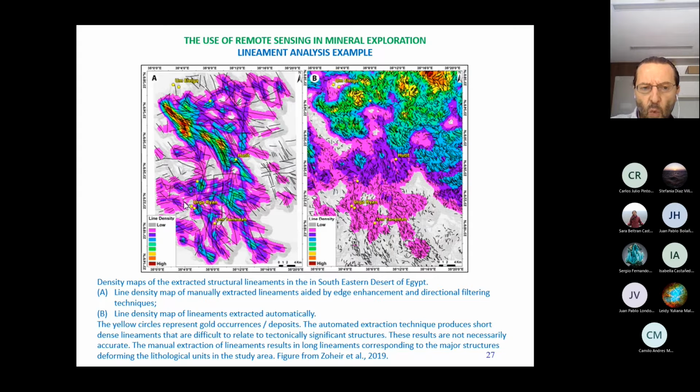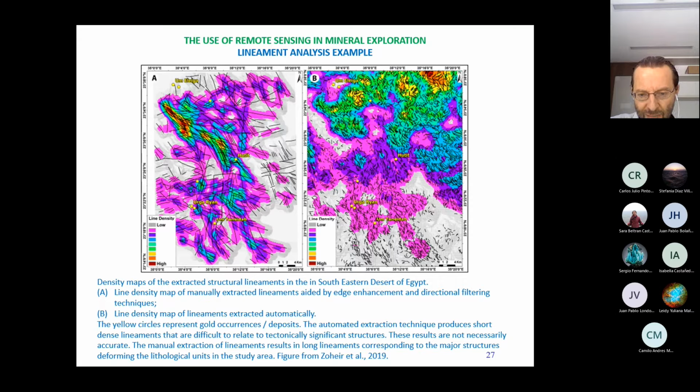And what I want you to see here is the difference between a line density map obtained by manually mapping the lineaments, so someone looked at the data they used to map the lineaments and then to do the density map, and then we can compare it with the line density map of lineaments that were extracted using an automatic method, so using a software.